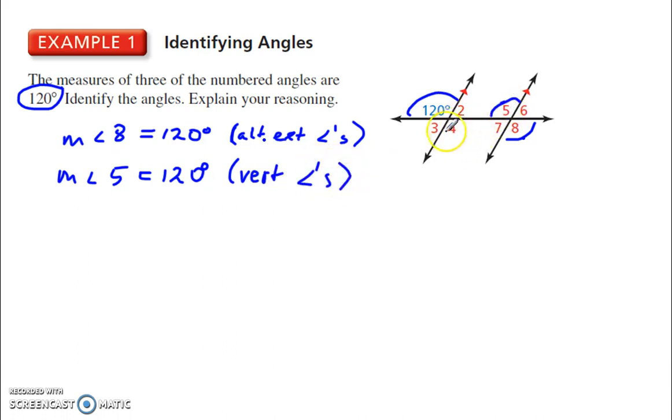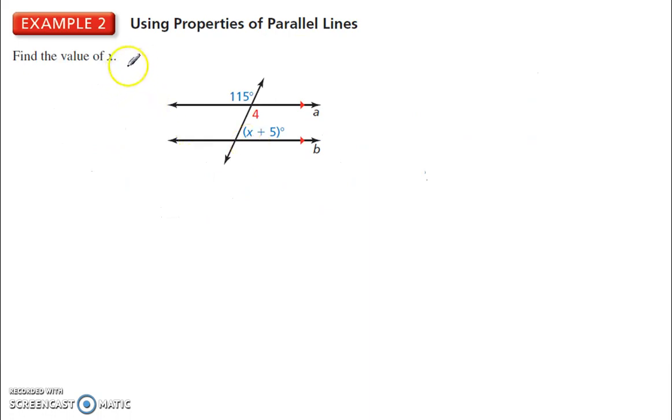And 5 and 4 are alternate interiors, so the measure of angle 4 is 120 because alternate interior angles. There we go, 1, 2, 3.